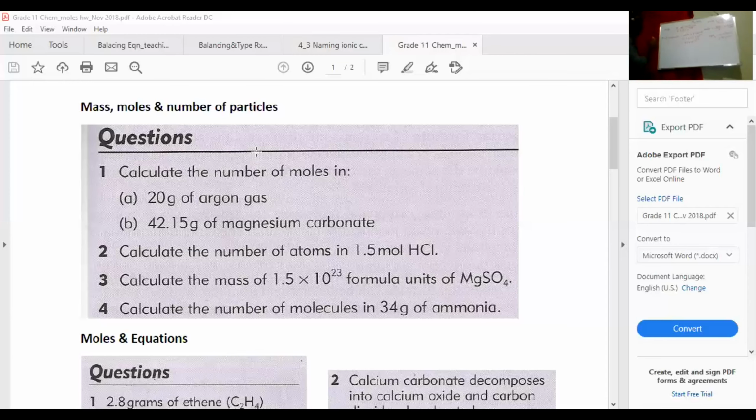Yes, sir. 10 to the 24 molecules. Right? And I think that's what persons have. Great. So that's just using the formulas just as they are to find the specific answers.